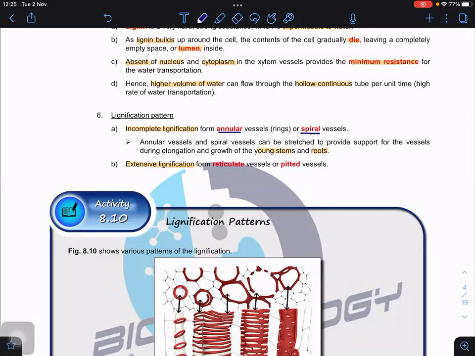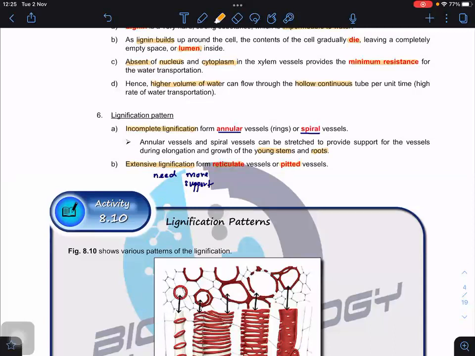But when they become older and older, they need more support because it is a tall tree. So it slowly changes to the reticulate or pitted vessel, which is more extensive lignification.